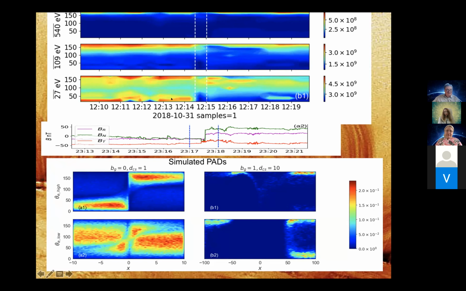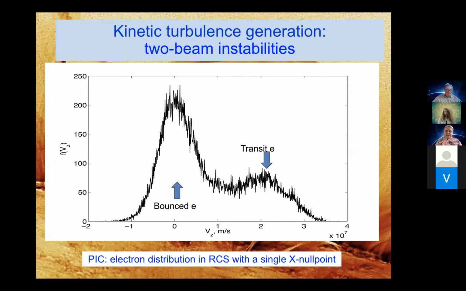You cannot invent it. It was observed and we just simulated it. So obviously it shows that bounce and transit electrons impose very important signatures on pitch angle distributions. So these are the things we finished about pitch angle distributions.